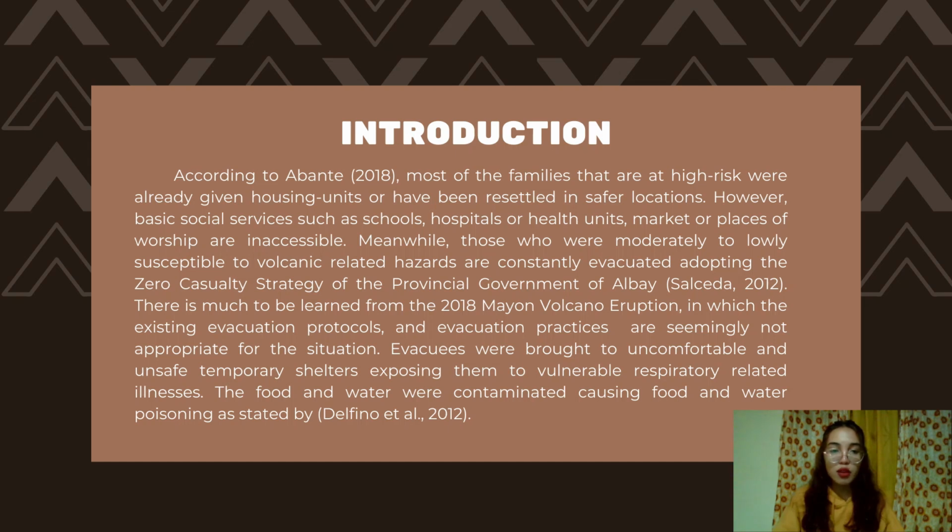The existing evacuation protocols and practices were not appropriate for the situation during the 2018 Mayon volcano eruption, resulting in evacuees being placed in uncomfortable and unsafe temporary shelters exposed to respiratory illnesses and contaminated food and water.